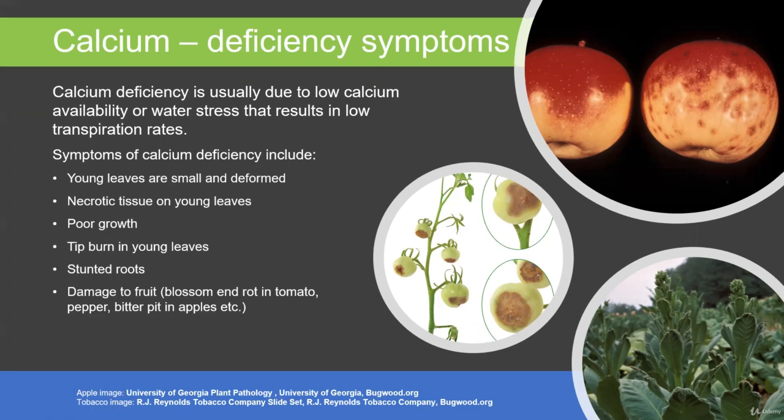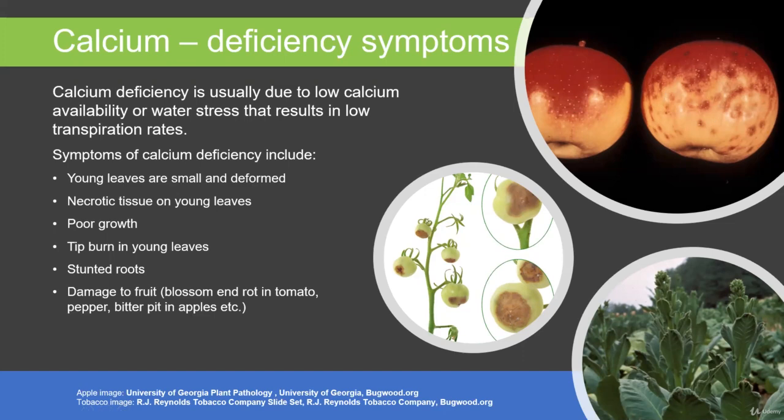So we can see that here. Stunted roots and damage to fruit, like blossom end rot in tomato, which we see over here, and in tomato and pepper, bitter pits in apples, etc.